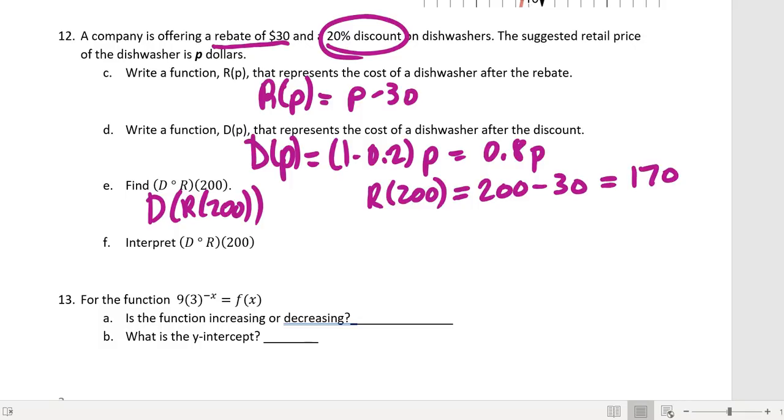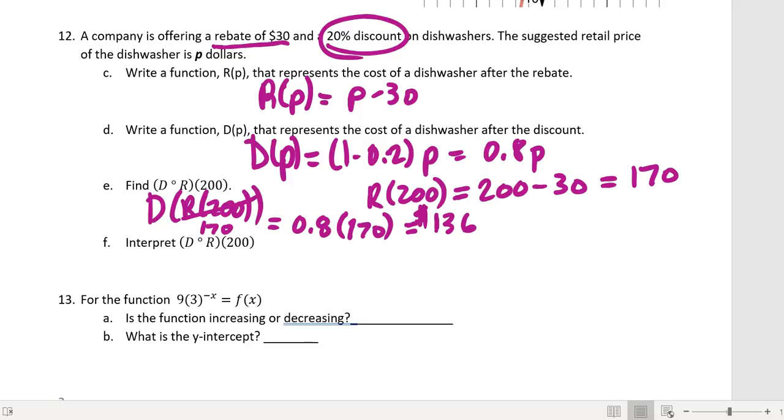So I'm going to take R sub 200 and replace that with 170. So now instead of D sub P, I'm going to write 0.8 times 170, which will be 136. So the price of the dishwasher, if you go rebate first and then discount, is 136.